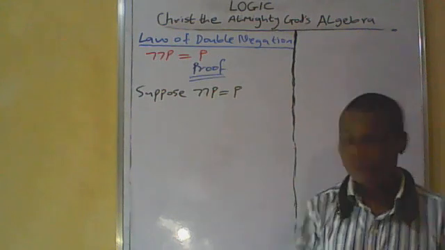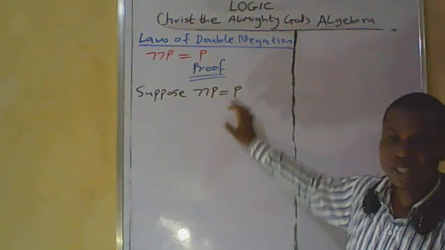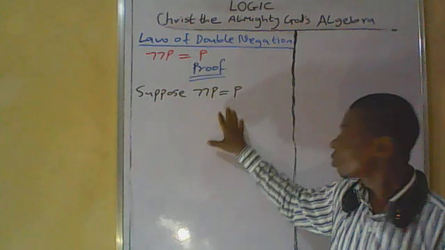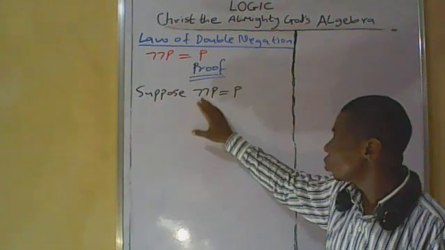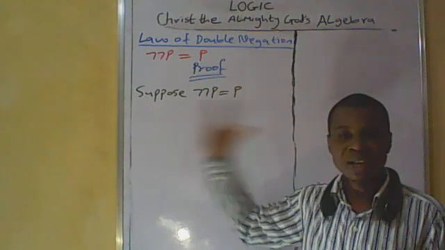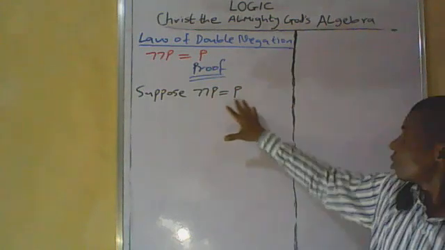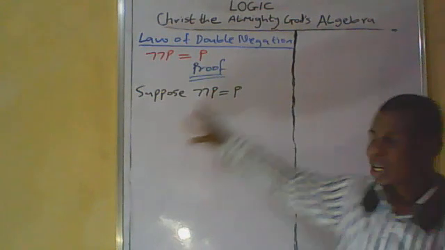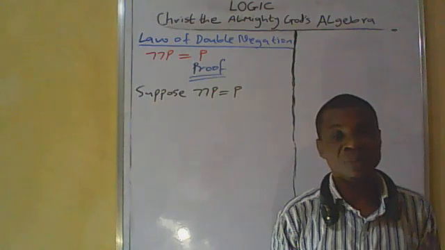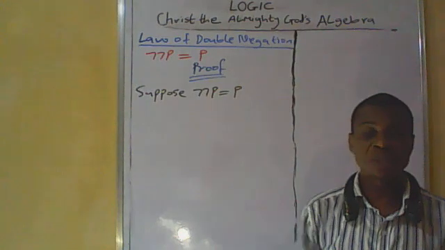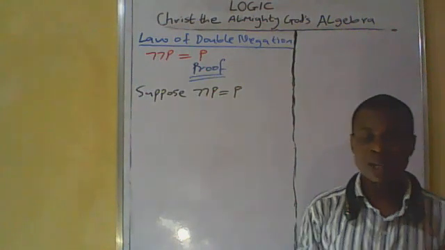In the same vein, whenever P, the right side of the equation, is false, also not not P, the left side of the equation, is also false. We say that the statement is logically equivalent. That means the two sides of the equation are equal.